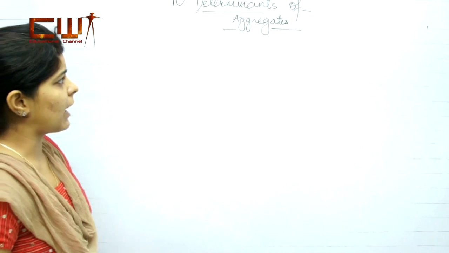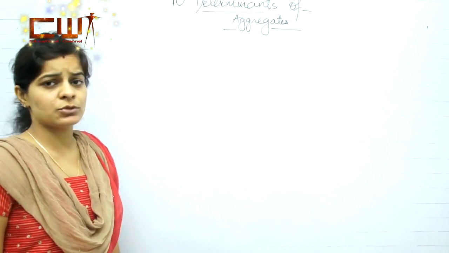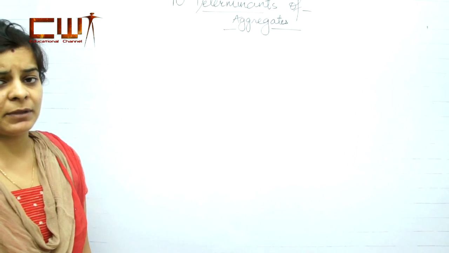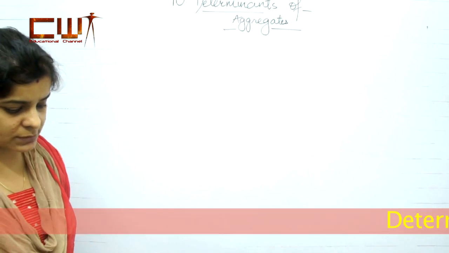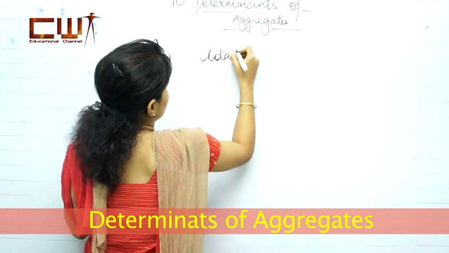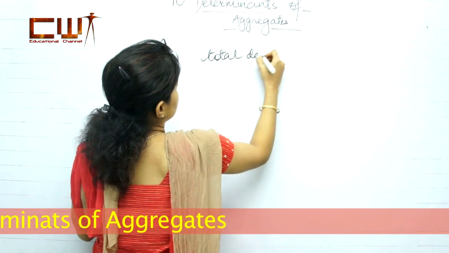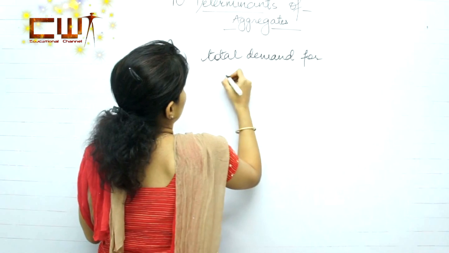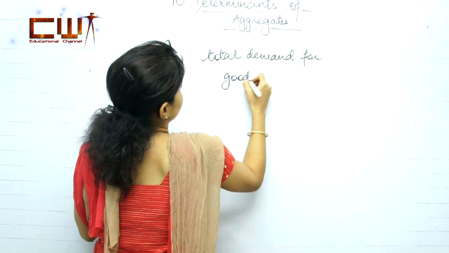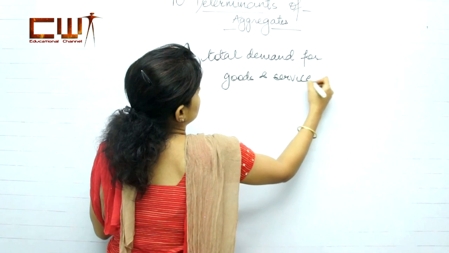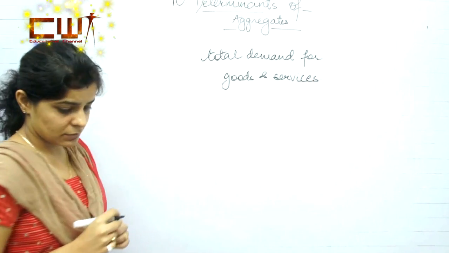What do you mean by aggregates in terms of economics? Where do you use the word aggregates? Aggregate means total of goods and services. Demand. You have total demand for goods and services, right?